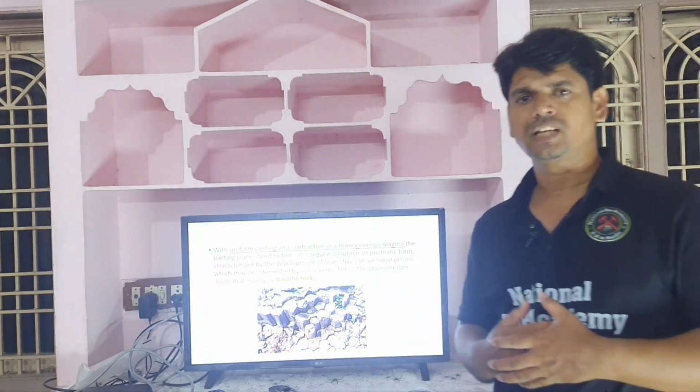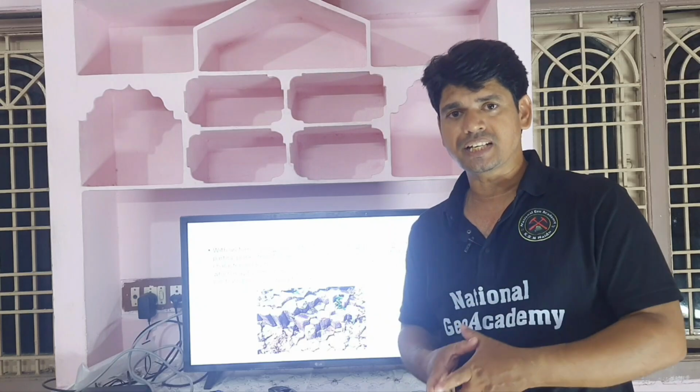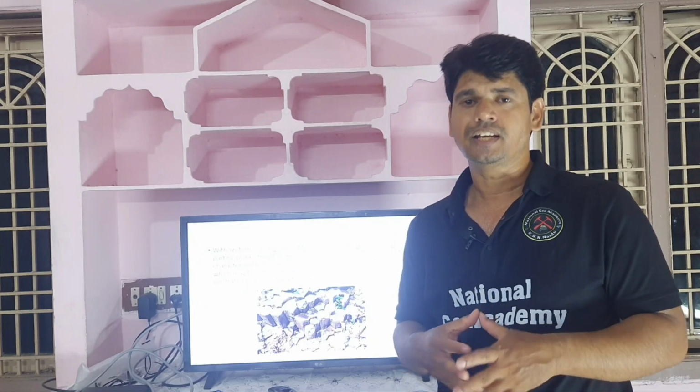Then we will go to the columnar structure. Columnar structures are formed when lava undergoes uniform cooling and contraction in a homogeneous magma. If the magma is homogeneous, it cools uniformly and contracts, and then column-like shapes are formed.